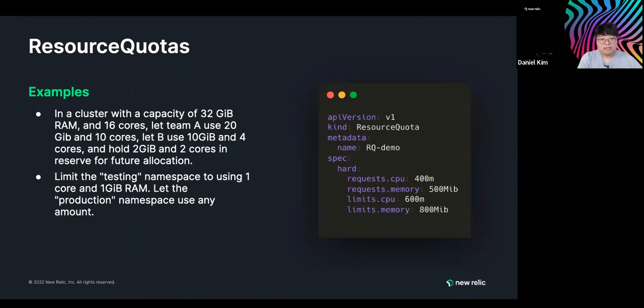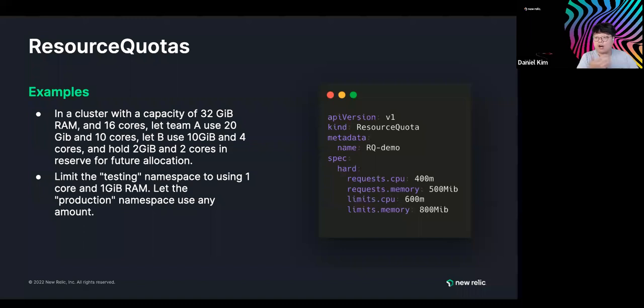So the request CPU is the maximum combined CPU requests in millicores for all of the containers in the namespace that can be requested. In this example, you can see that for 400 millicores of CPU requests, you can basically split that up any way you want. But basically, you can't go over that in your entire particular namespace.